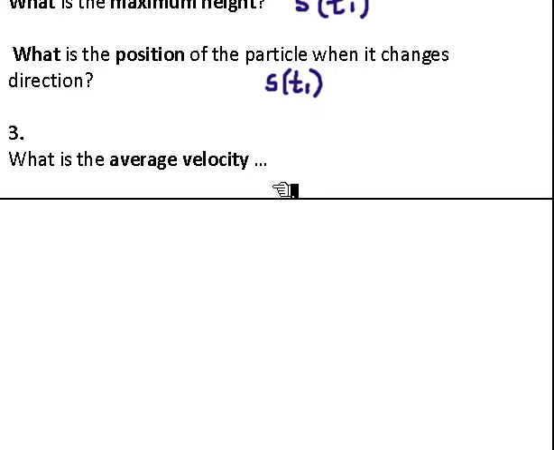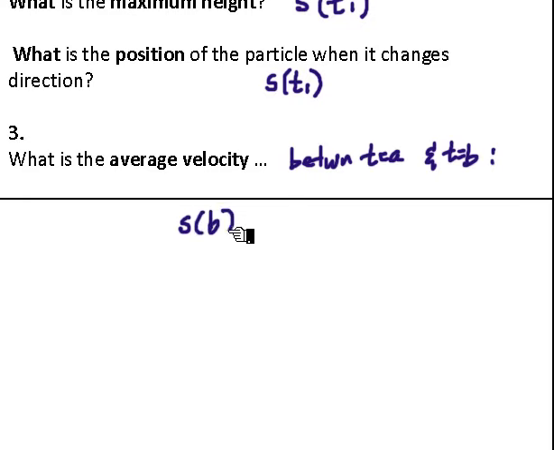And finally, the last type of question is, what is the average velocity? Usually you'll be asked for the average velocity between t equal a and t equal b. In both cases, it'll be given by a slope, s of b minus s of a over b minus a. So you have the distance traveled on top divided by the time.